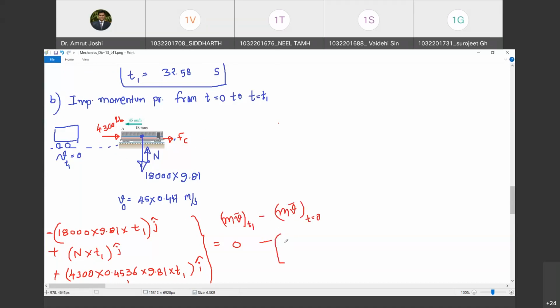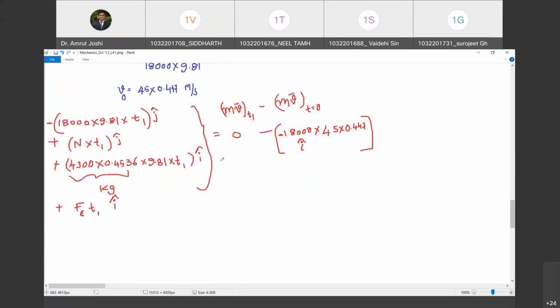This is 18,000 kg multiplied by the speed, 45 into 0.447. Happy? Yes, sir. So mass into velocity, and this speed is in negative i direction, so I have to say minus, and write it as i cap. Now minus of minus becomes plus. Do you agree with me?